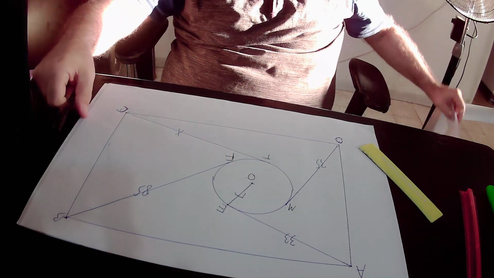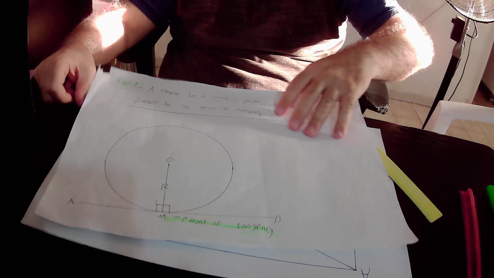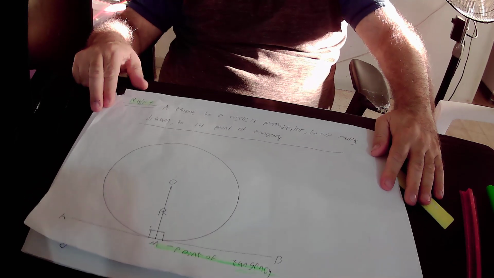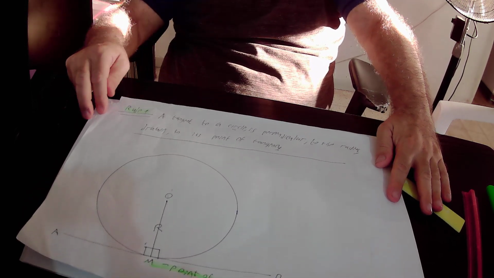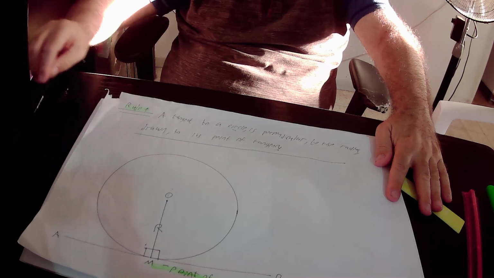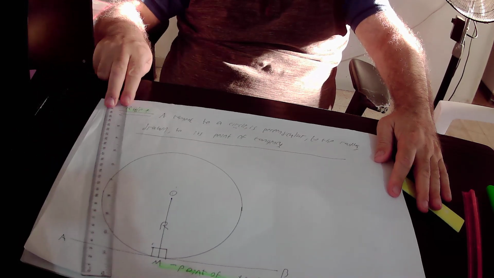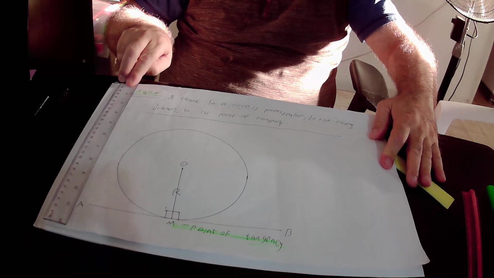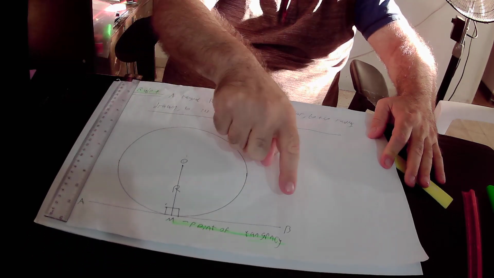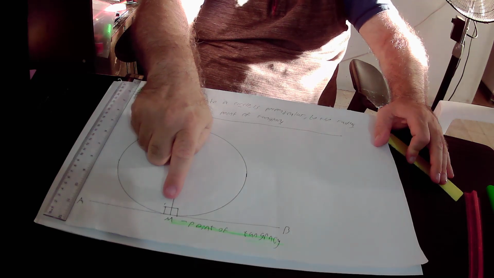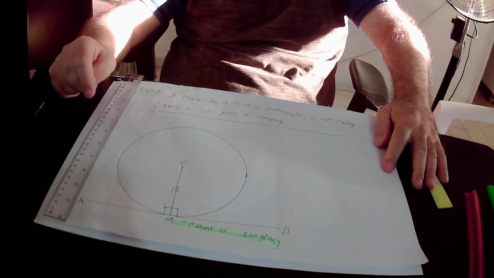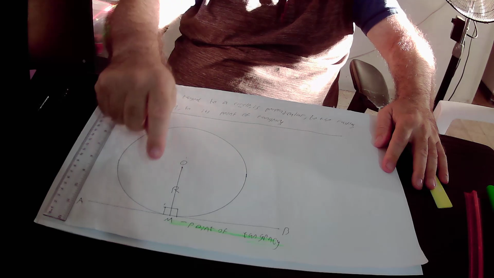We have here rule number 1. According to rule number 1, a tangent to a circle is perpendicular to the radius drawn to its point of tangency. So here we have tangent AB that is tangent to this circle at point M. Point M is the point of tangency of tangent AB with this circle.